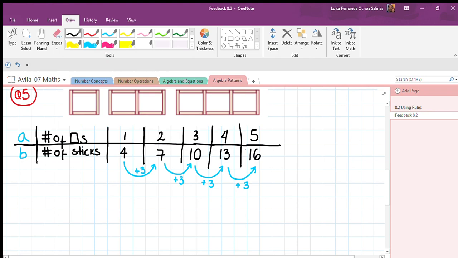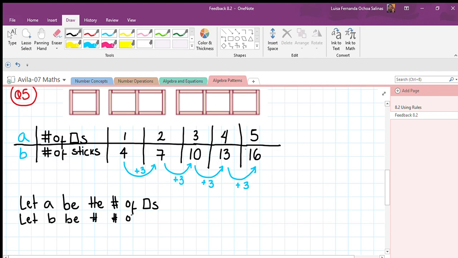So we have to say, let A be the number of squares. Then we're going to say, let B be the number of sticks. I just realized that I wrote number twice.